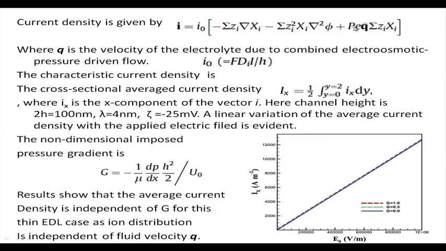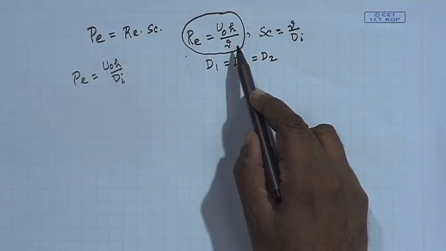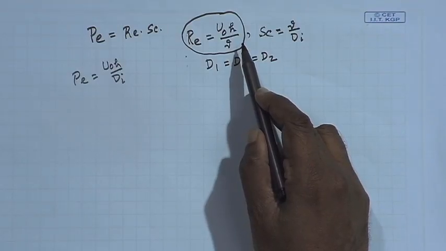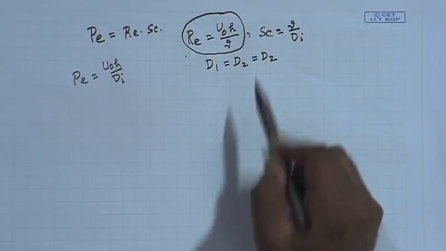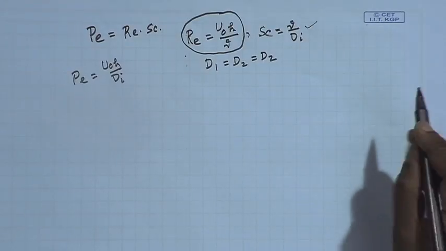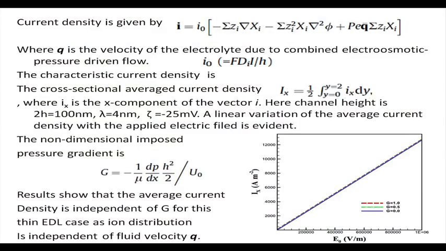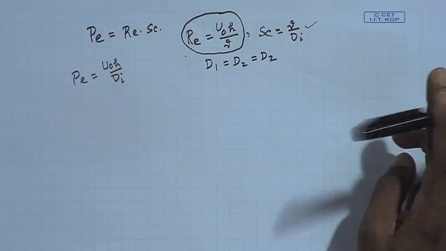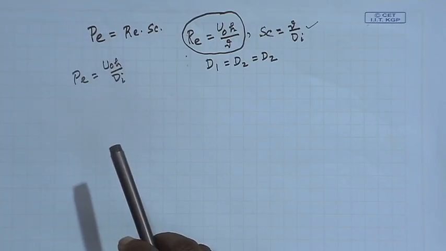Now, in electroosmotic flow, one thing to remember is that the Reynolds number is quite small, because h is very small, in the micrometer range, and u0 is also small. But the Schmidt number can be quite large, because Di is normally very small for biocolloids, biofluids and so on, like 10 to the minus 10 or minus 9. So, the product Re times Sc can be of order 1.